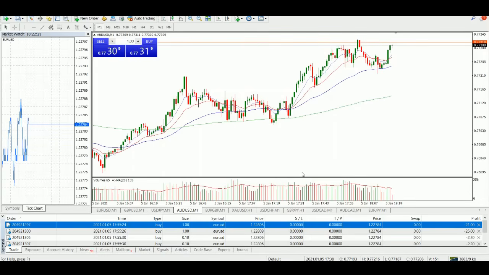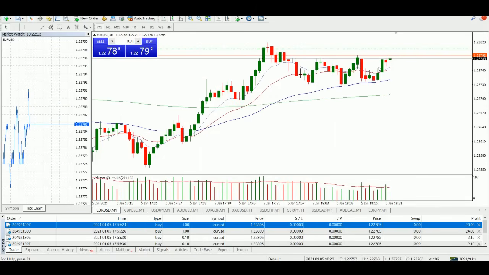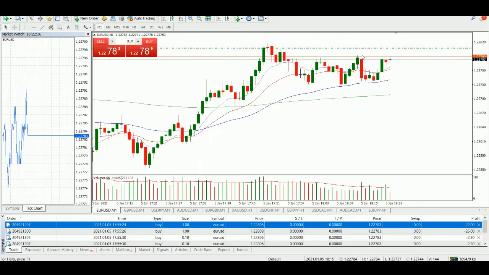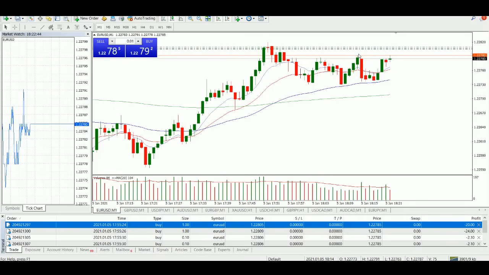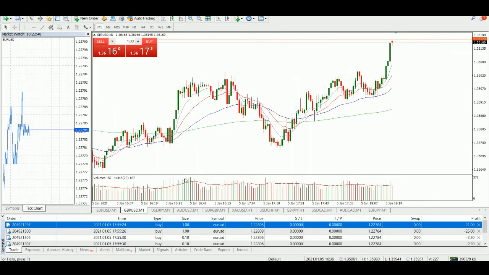Here we are, price is going up much further. Let's see euro dollar. Euro dollar is facing some difficulties breaking this one. Now from there, price will be going up much further.